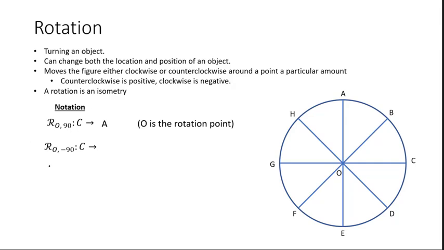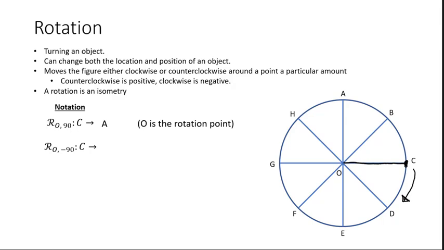Next we have a rotation with the center point of O going negative 90 degrees, and we're trying to map point C to some other point. Again, we're starting with point C, right here, and now we're going negative 90 degrees. If you imagine this segment right here to point C from the center, we're going 90 degrees this way.